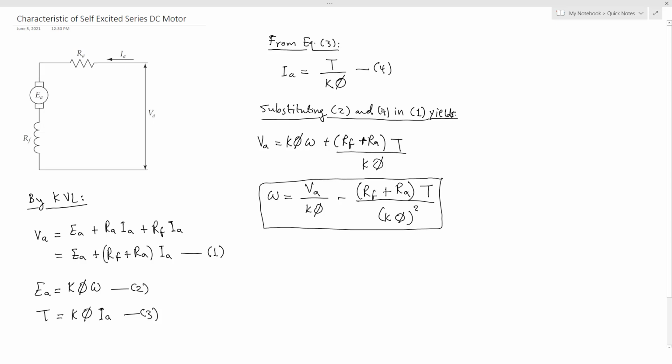There is a hidden problem: when T equals 0, we will get infinity. How?